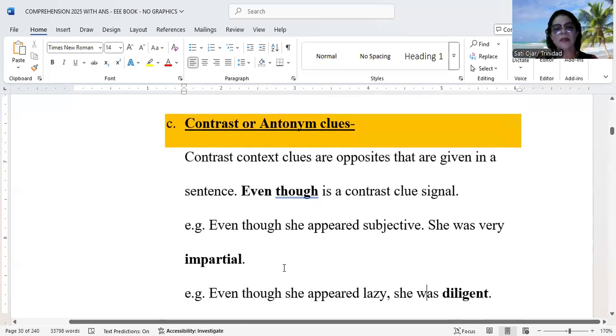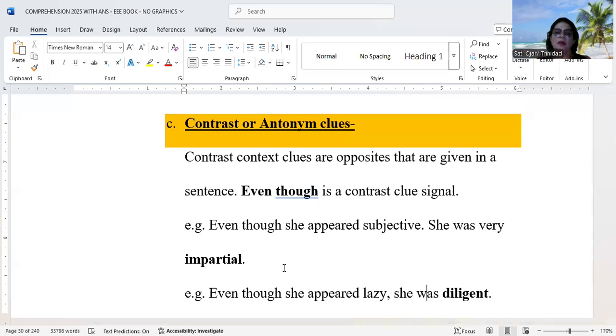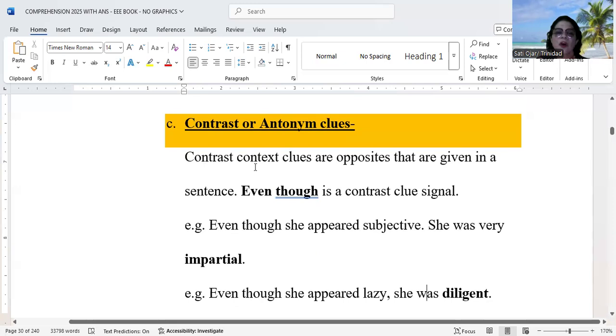Then we have antonym context clues or opposite context clues. Crystalline, can you go ahead? Contrast context clues are opposites that are given in a sentence.